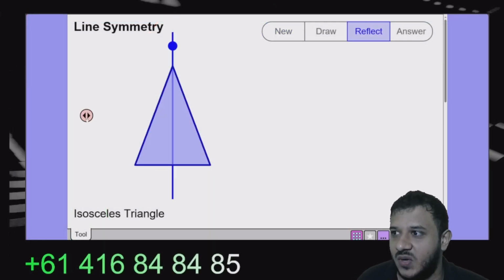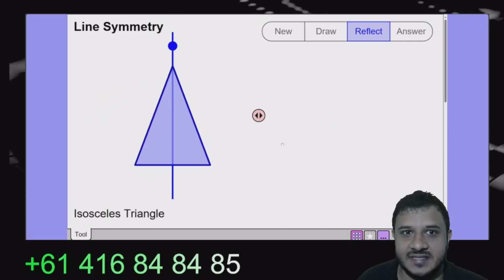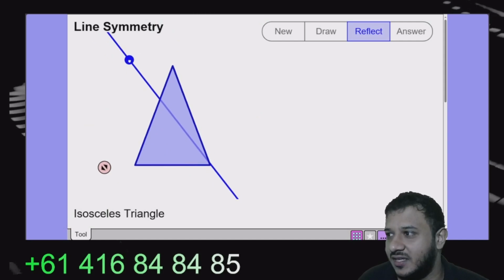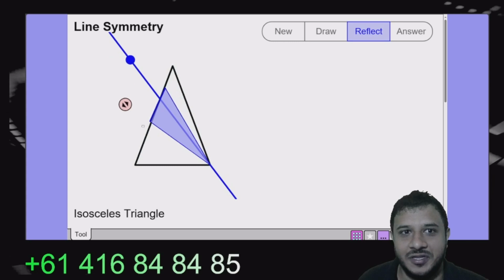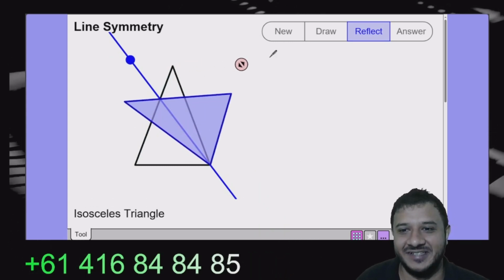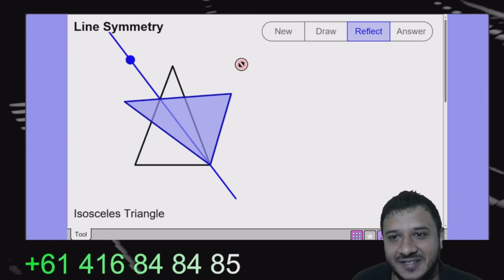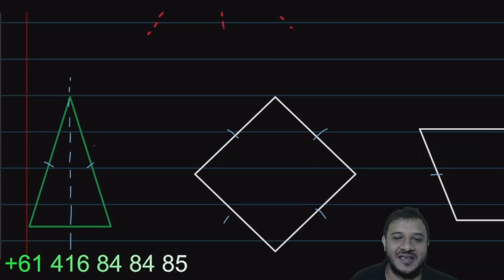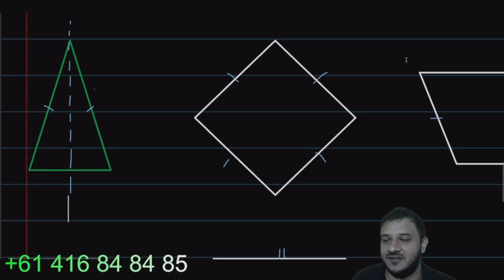Now, as I said, this one is an axis of symmetry because I can see it coincide with each other. But if I draw it here, Pute, can you see? If I try to coincide the other flip over, it's not flipping over. It's overriding itself. So it's not an axis of symmetry. Got it? There's only one axis of symmetry.